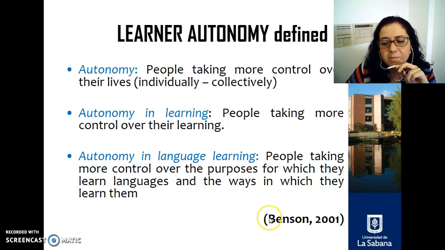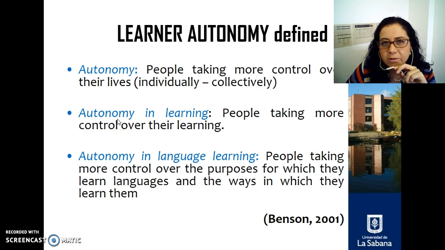Looking at autonomy from Benson's perspective, he analyzes it in 3 different domains: autonomy as such, autonomy in learning, and autonomy in language learning. For him, autonomy is people taking more control over their lives, individually or collectively.